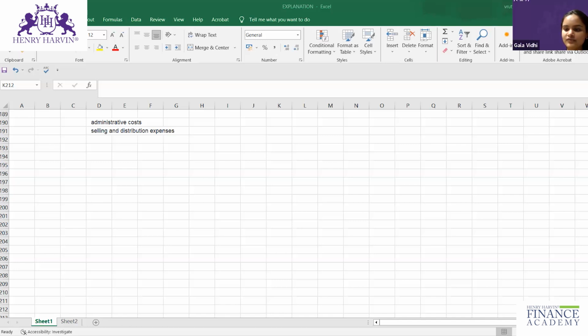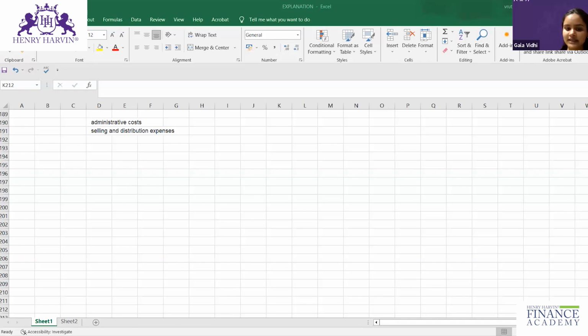Examples include depreciation of your office building or equipment, office salaries including salaries of secretaries and accountants, then rent, rates, insurance, lighting, cleaning, telephone charges, and others. So anything that is involved in the general administration of the department will go under the administration cost.